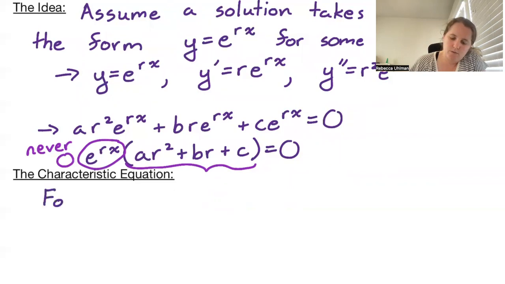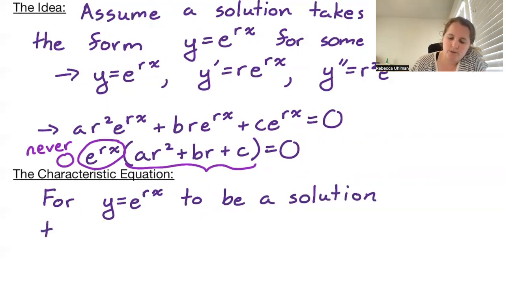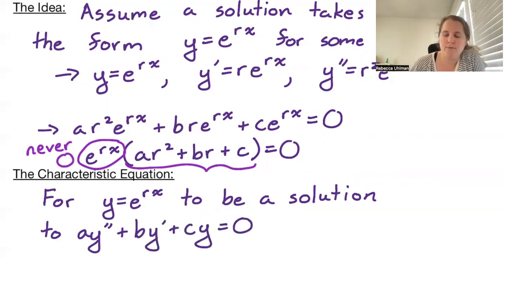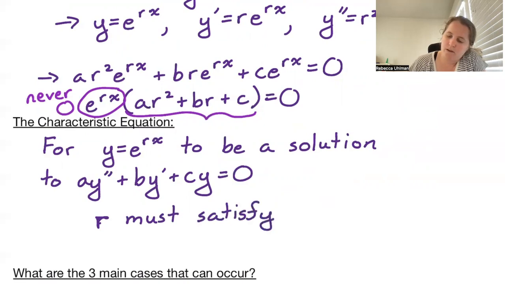So for y equals e to the rx to be a solution to a y double prime plus b y prime plus c y equals 0, what we get is that r must satisfy ar squared plus br plus c equals 0.